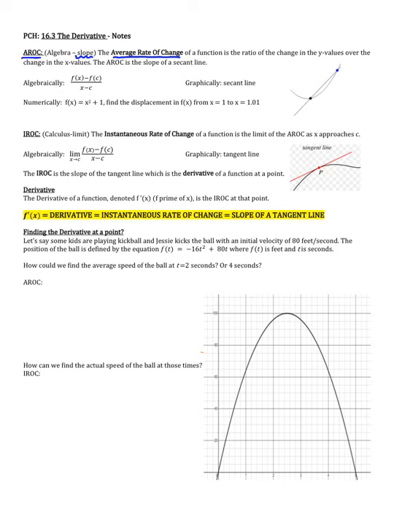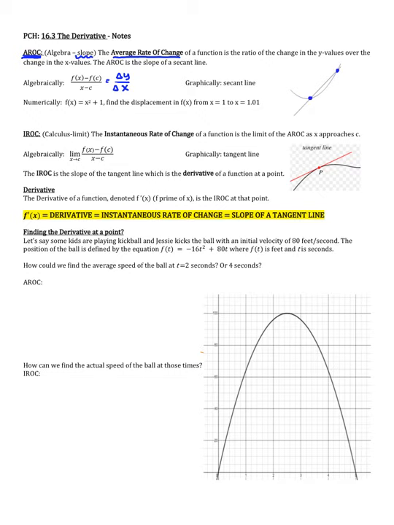My own abbreviation for that is AROC, average rate of change. The average rate of change, again, is the rise over the run. So algebraically, we know that as the difference in the y values over the difference in your x values, or slope. Graphically, what does that mean?